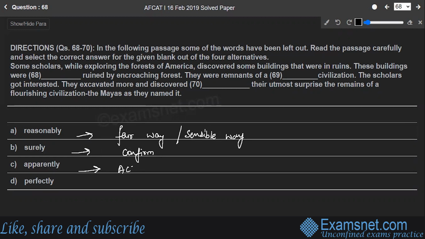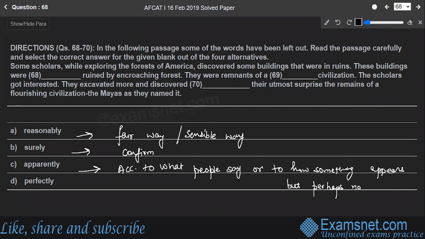Apparently, it means according to what people say or to how something appears, but perhaps not true. Then is the word perfectly, which means absolutely sure or absolutely without any error.